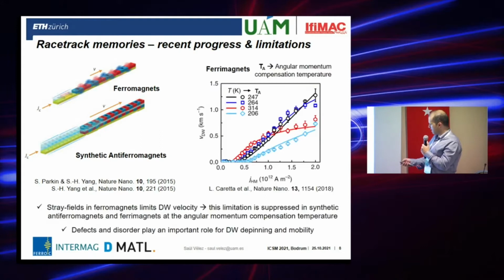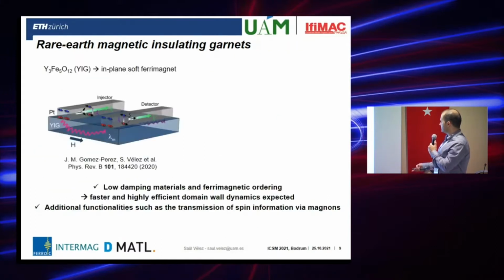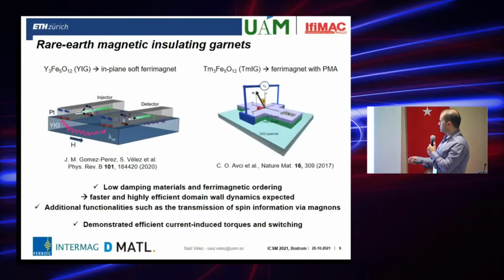But another problem with these materials is that typically they exhibit a lot of disorder, and this also prevents the motion of domain walls at small driving currents. So, as we said before, we have, for instance, rare-earth magnetic insulating garnets, which could be very useful for this type of technology because they could enable new functionalities.